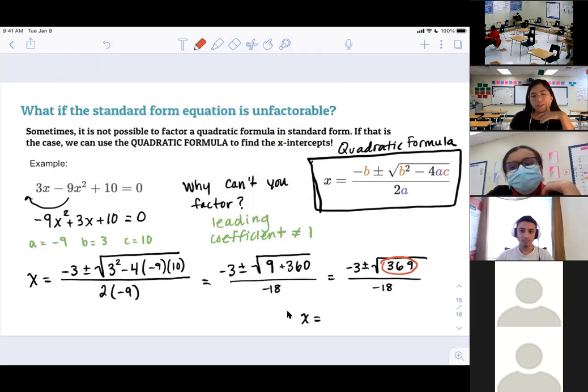What are some factors of the number 369? What is that divisible by? 9. Yeah, 9 is good because you can take the square root of 9, right? Anything else?